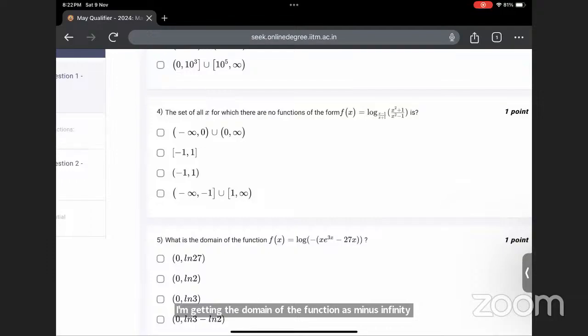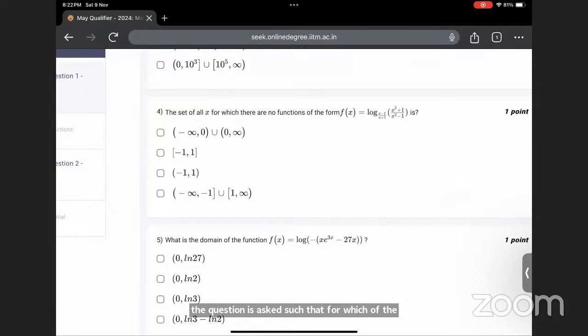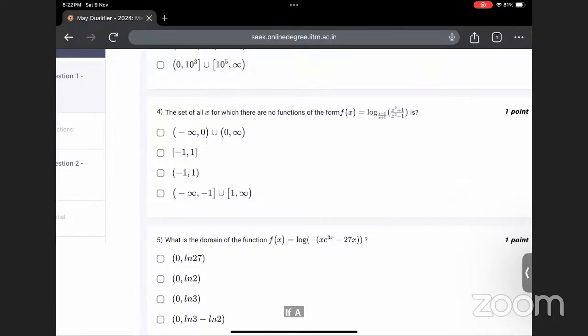The question asks for which values no function is valid, so you have to take the opposite of the domain. If I do that, then I'm getting A, B, C, D.